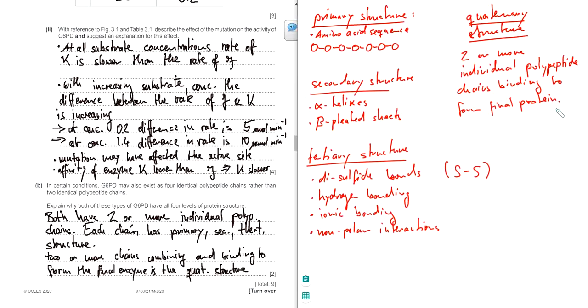Most prominent example for quaternary structure protein, probably hemoglobin. We have the 4 subgroups, the 4 polypeptide chains. Only when they've all 4 combined together, we have a working hemoglobin protein.